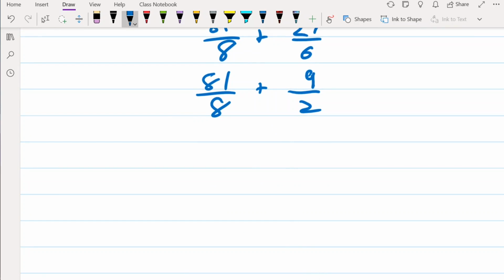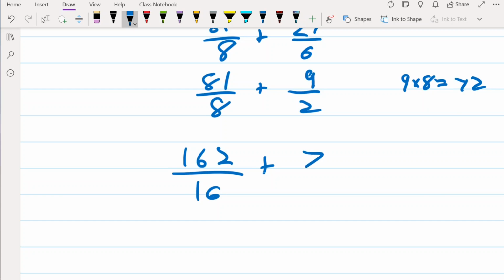Okay, so 81 over 8 plus 9 over 2, which is 36 over 8.